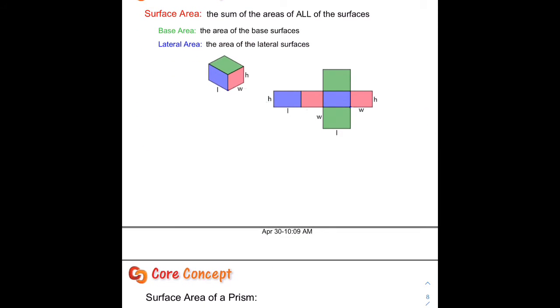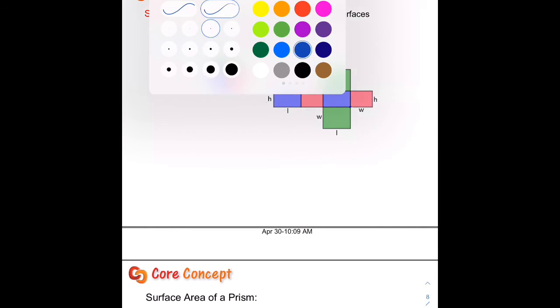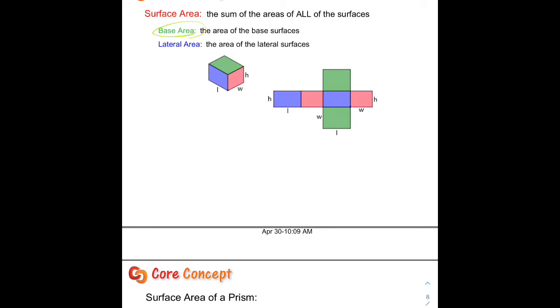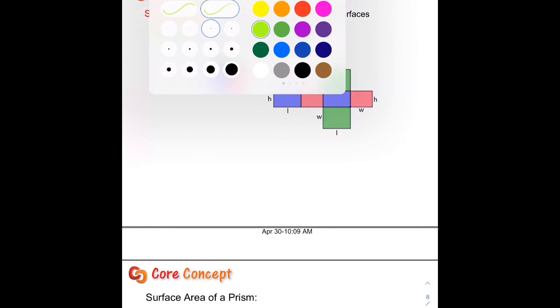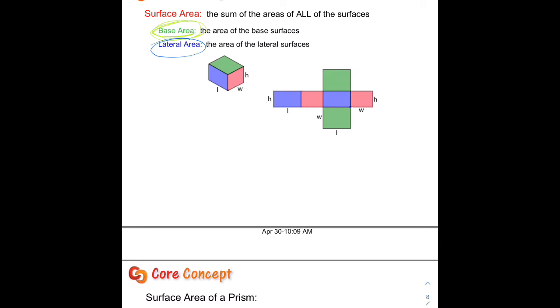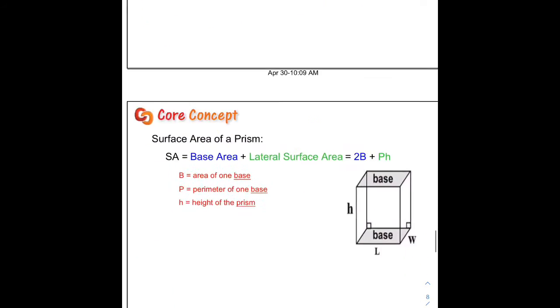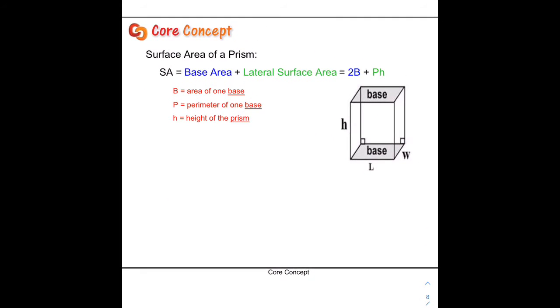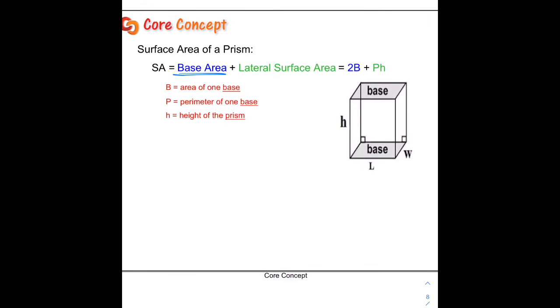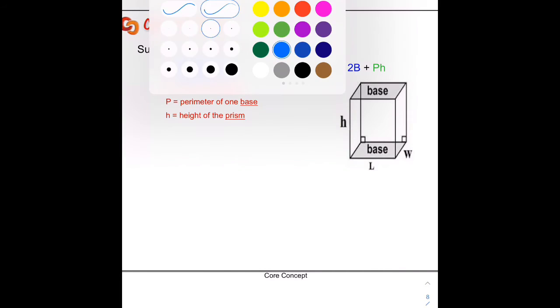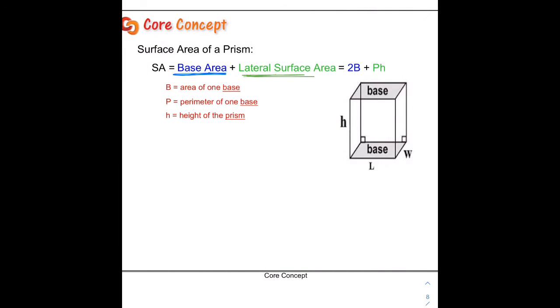We're going to talk about our problems in terms of the base area, and we're going to add to it the lateral area. So the surface area of a prism is the base area plus the lateral surface area. My base is length times width.